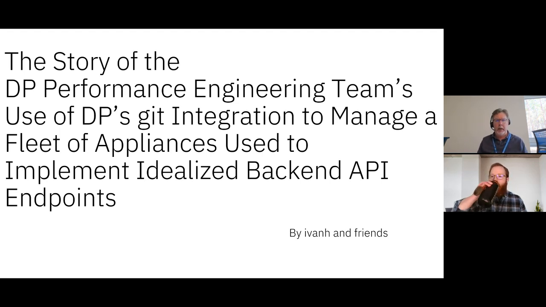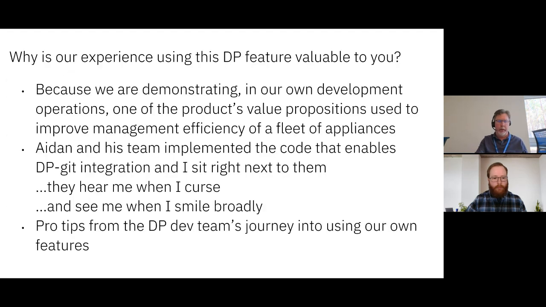And in one of those use cases, we use DataPower appliances as a backend service simulator. I call it the idealized backend API endpoints. So we'll present a little demonstration of how we're using the GitOps to manage that application that implements our idealized backend.